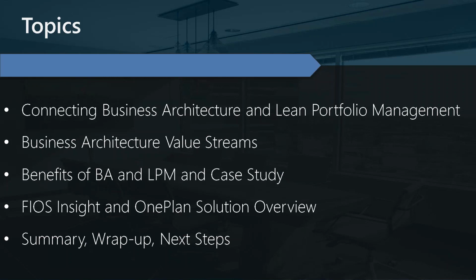We will then show a case study and talk about the benefits of business architecture. We'll be doing a very quick overview of solutions that are available to operationalize business architecture and lean portfolio management, and then we will do a summary and wrap up.